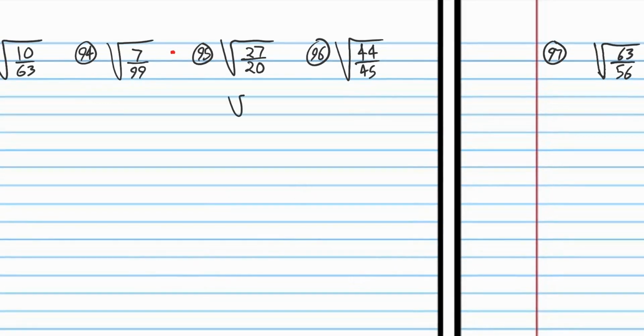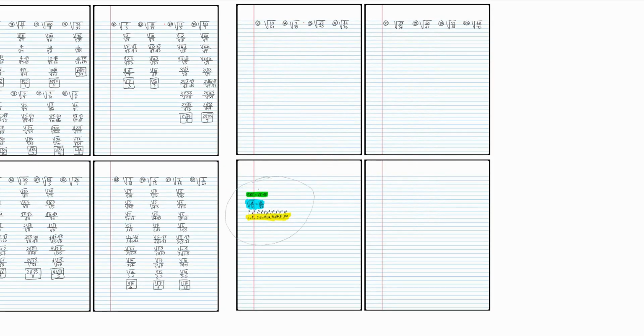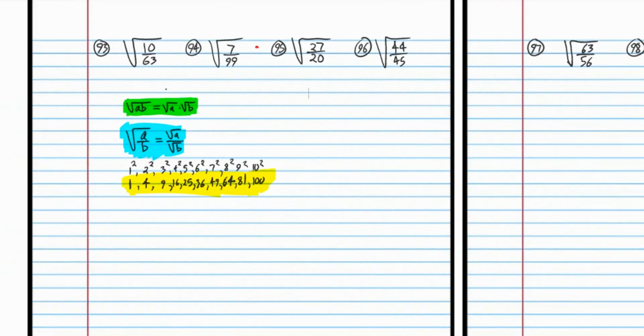All right, so root 27. Let me get my equations here. So we're using the blue equation, like usual. Like in the previous problems that we did, root 27 over root 20. I really need to write more legibly.